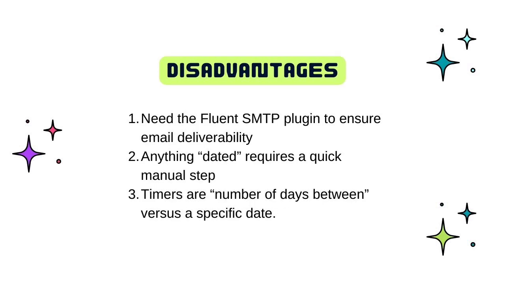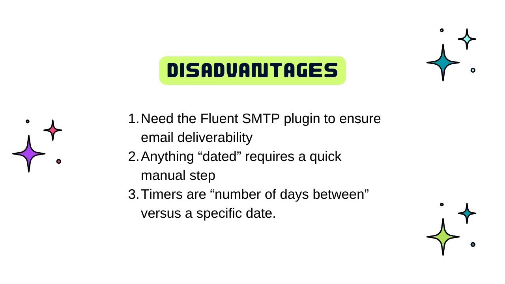So now let's cover a few of the disadvantages to using a CRM independent setup. You will need to use a plugin like the Fluent SMTP plugin to ensure email deliverability. Not really a disadvantage, but it is an extra plugin just to make sure that your emails get delivered for each welcome email or your module releases.